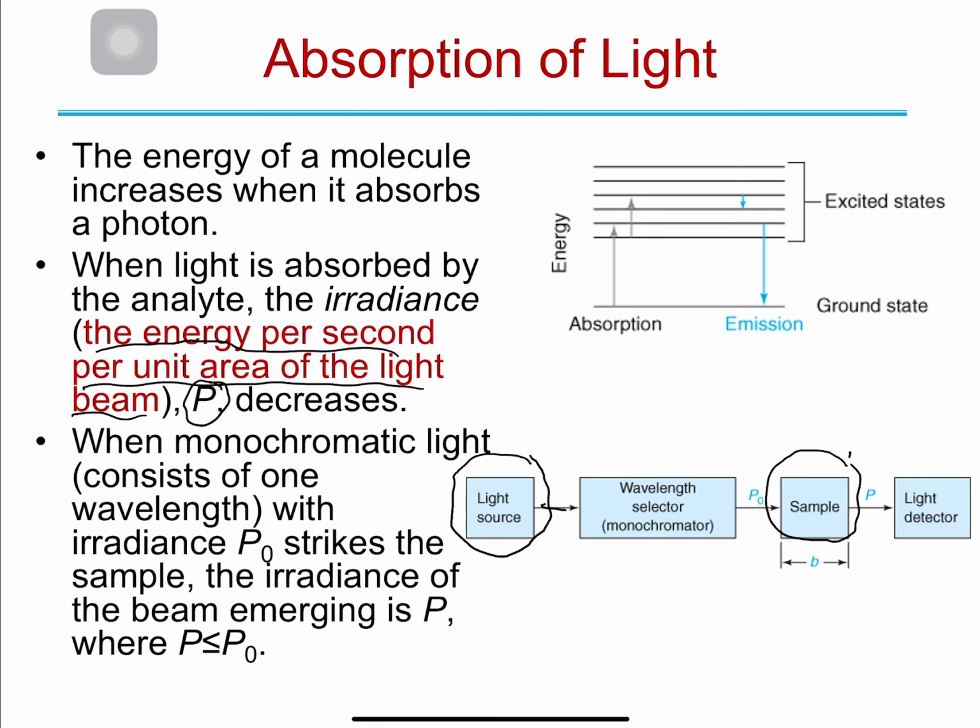So the light passes through a monochromator that selects a certain wavelength. And then this light has a certain irradiance, which is P naught. So the irradiance now is P naught.